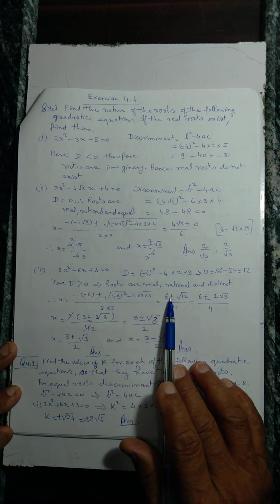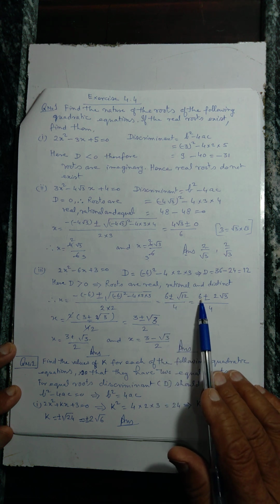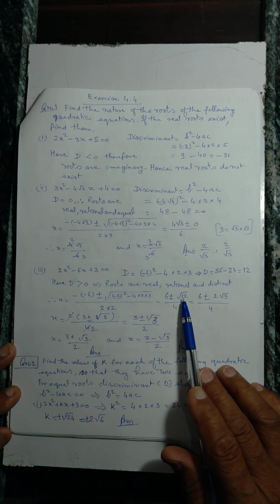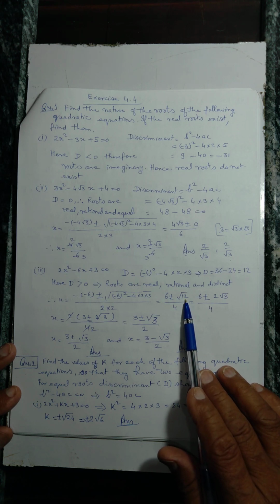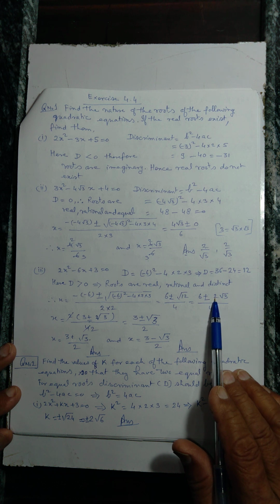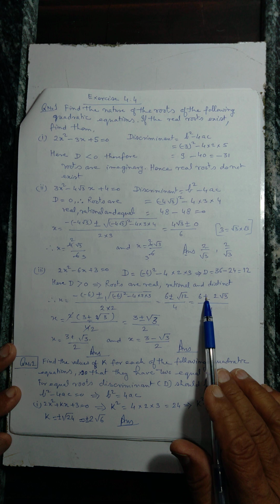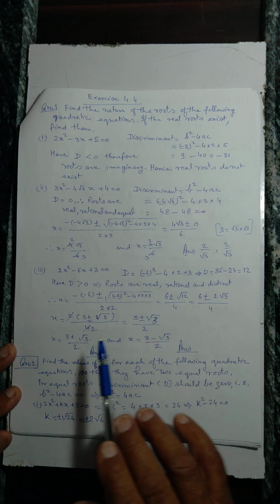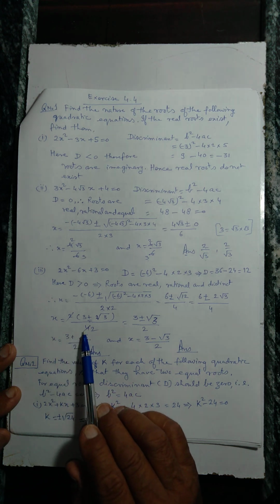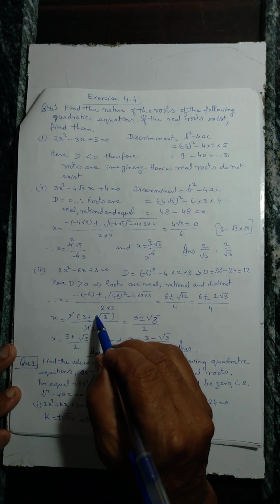So you will get 6 plus minus root 12, and it can be further solved. You see the 12, that is 4 into 3. So the square root of 4 is 2. So I have taken it out, 2 root 3. So 6 plus minus 2 root 3 by 4. You solve it, take out the 2 common from here.